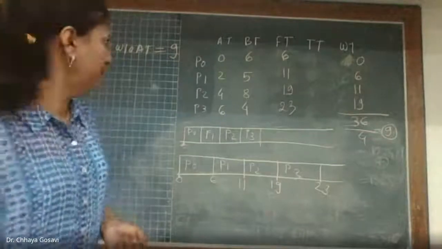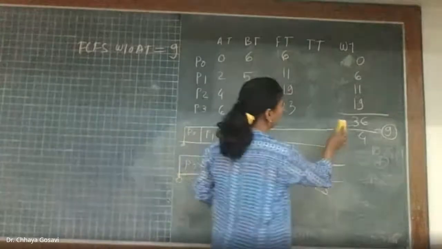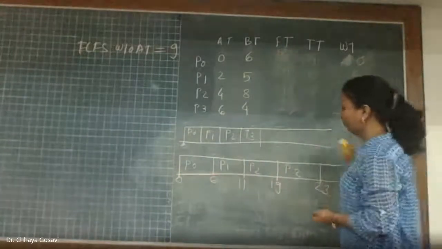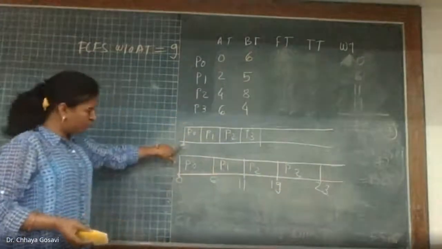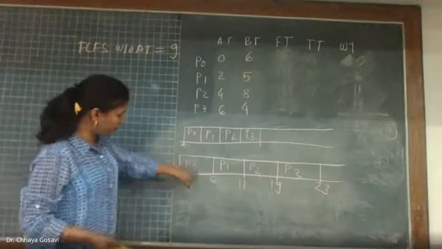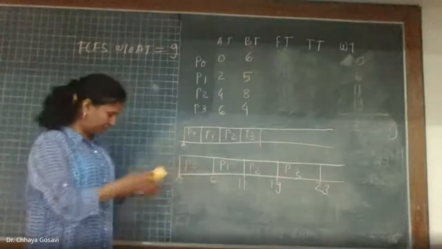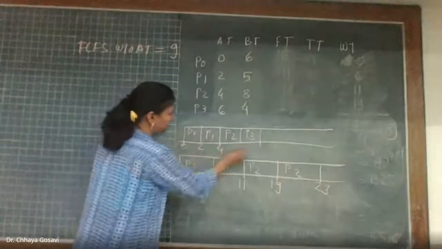With arrival time, if we have to consider arrival time, still P0 arrived at 0. So P0 will be scheduled for 6 cycles. Until P0 is executing in the CPU, P1 arrived at 2, P2 arrived at 4, and P3 arrived at 6.